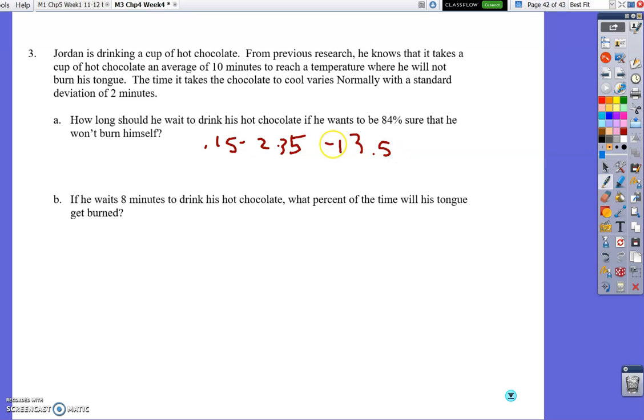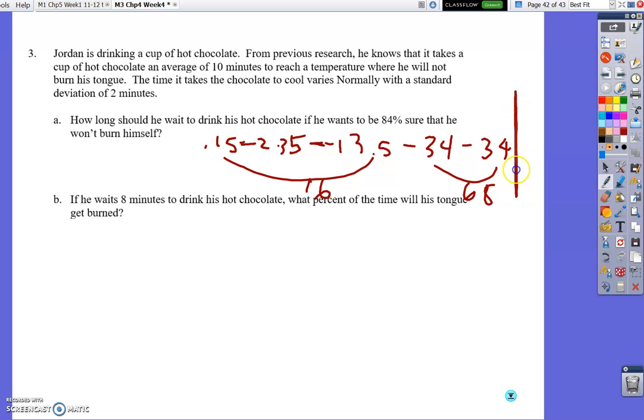So each section, 13.5, 34, and 34. So this is the bottom numbers. So we know these two make 68. These three make 16. And if you add 68 and 16, you get 84%. So we're looking for the bottom part of the data, leaving off the top 3 spaces. So that's what you'd want to look at, is what's working on that.